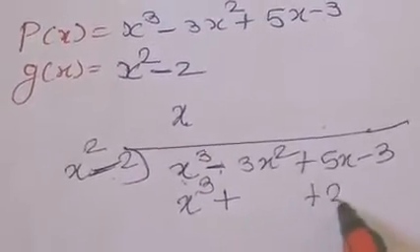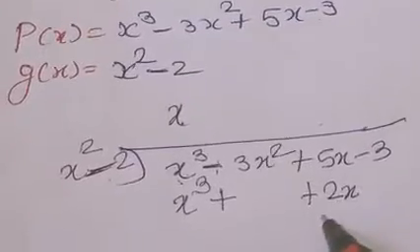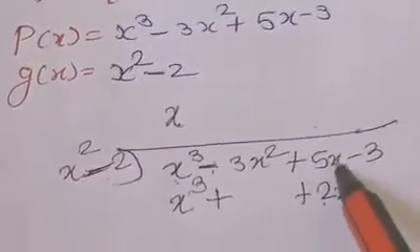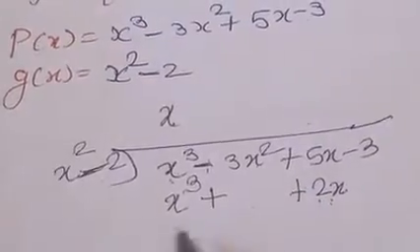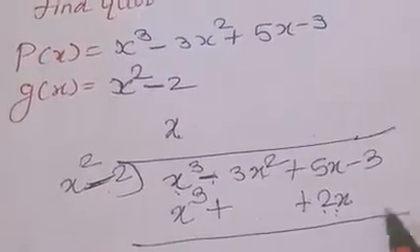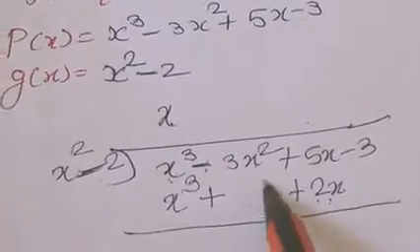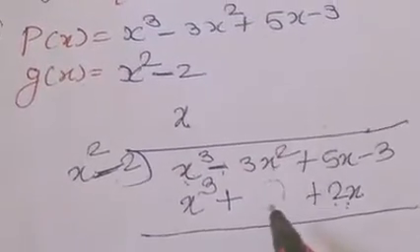Then what will be the position of 2x? Here. Why do I write 2x here? Because 5x and 2x are like terms and the x square term is not here. Then we will not write anything here. If you have some confusion, then you can write 0 also here, but it is not compulsory.